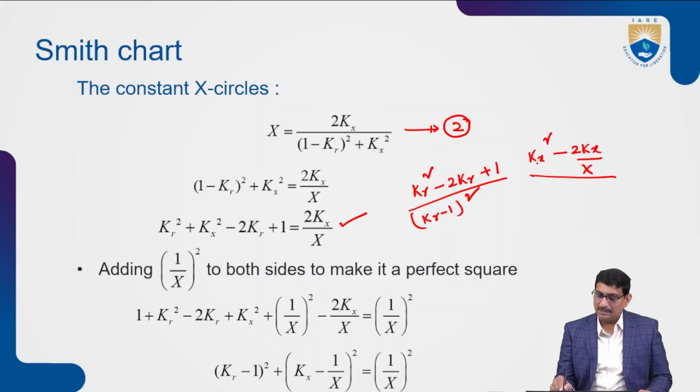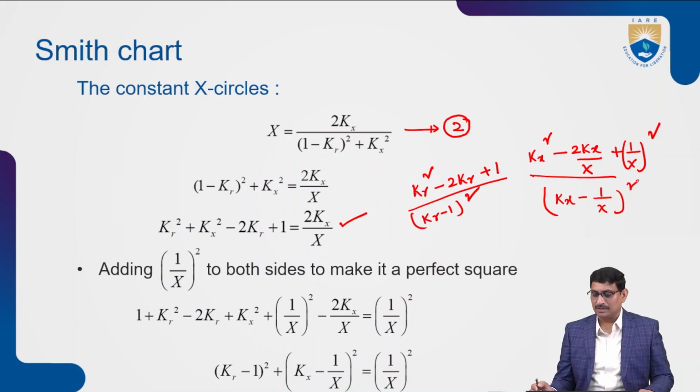It is like A square minus 2AB, and the B square is missing here. So if I add plus 1 divided by X whole square, then this can also be written as a perfect square, (kX minus 1 by X) whole square.